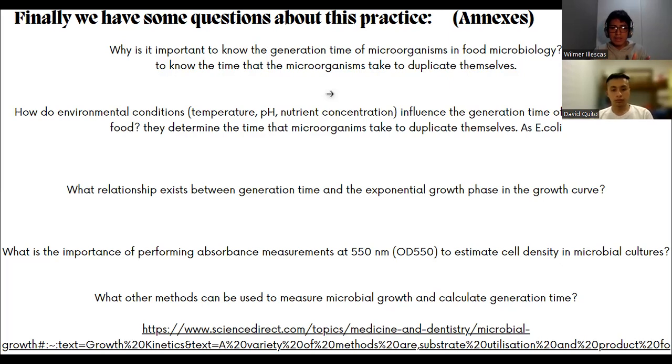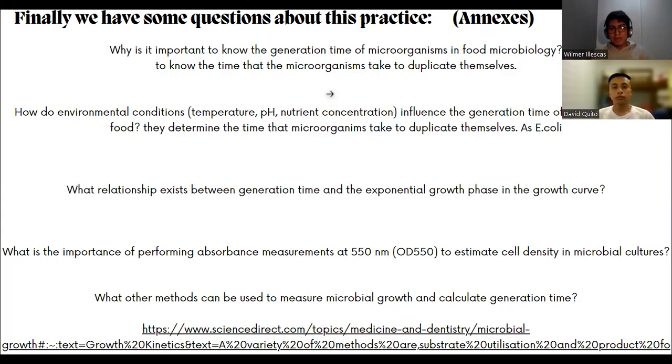So imagine any bacteria, for example, Lactobacillus GG, you have milk, and you want to make some yogurt. It's going to be important to know in what time the bacteria is going to duplicate. Because if we have a lot of bacteria in the yogurt, a lot of lactobacillus, it could be dangerous for people who are going to consume these products.